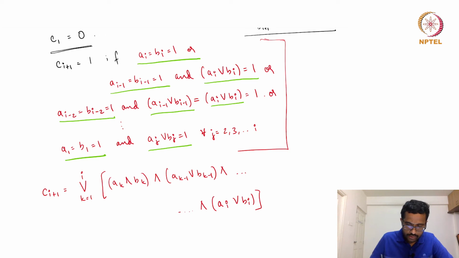So it's an OR of all these things. It will help to look at the k equal to 1 case, right? When k equal to 1, we have a1 and b1, so both of them should be 1, which is actually the last row over here, a1 and b1.